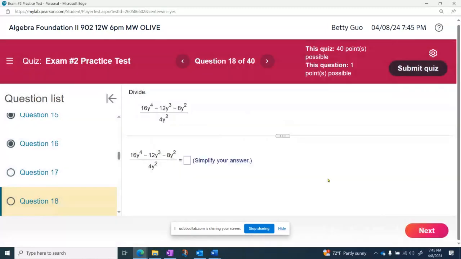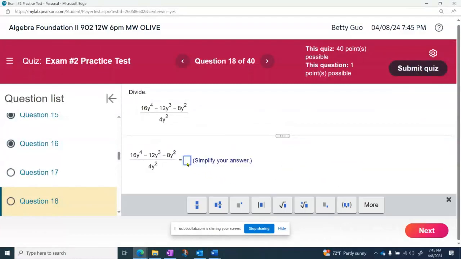Next, dividing. Okay, I can do this right here. So term 1 over the bottom, 16 over 4 is 4. 4y squared. That's the first part.